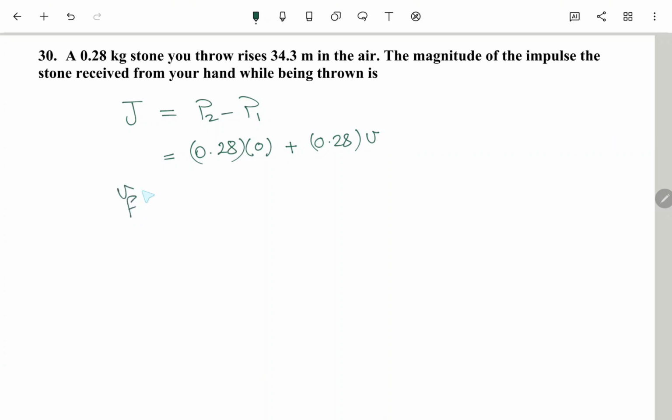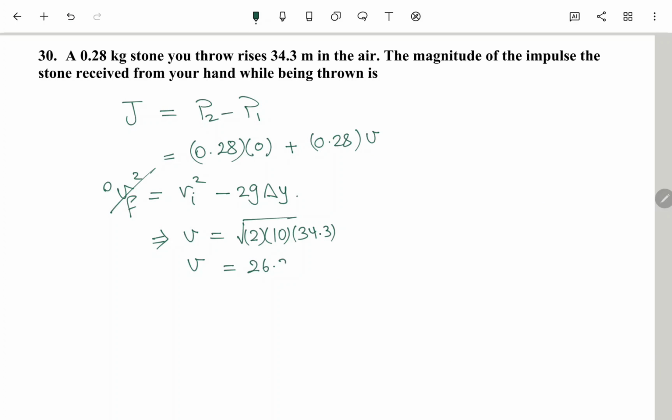So v final square equals the initial square minus 2g delta y. Now at the maximum height this will be 0, so v will be equal to the square root of 2 times 10 times 34.3, and v will be equal to 26.2 meter per second.